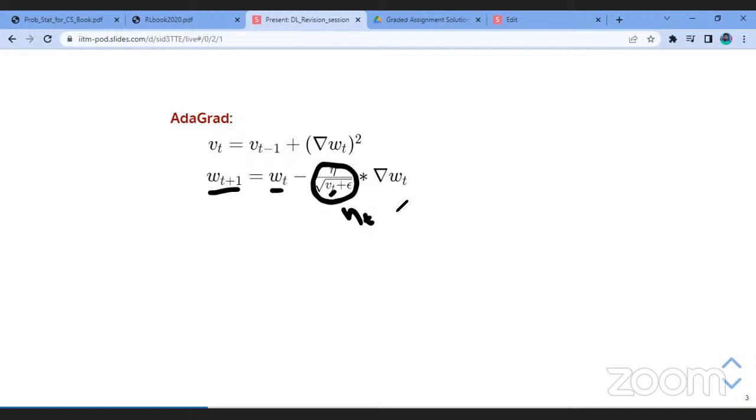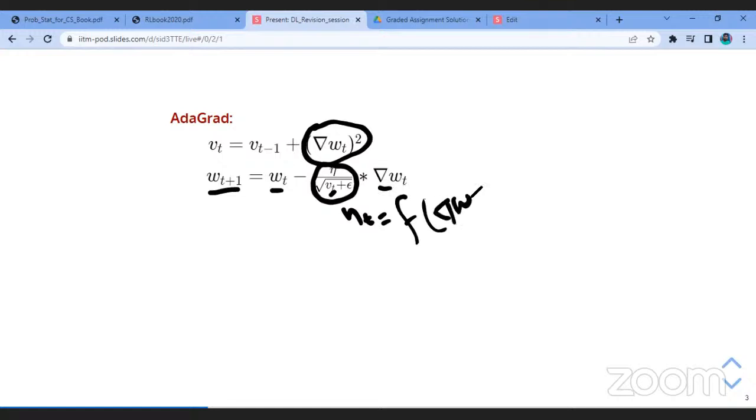For each iteration it is going to change, and all these together we call the effective learning rate. And we said this eta t is a function of gradient square, not the gradient. It is true for all algorithms. You should not use the current gradient, you have to use the gradient square.